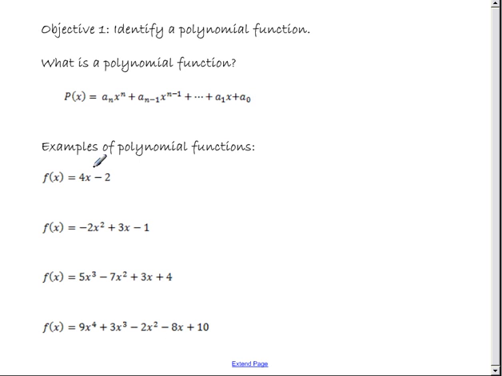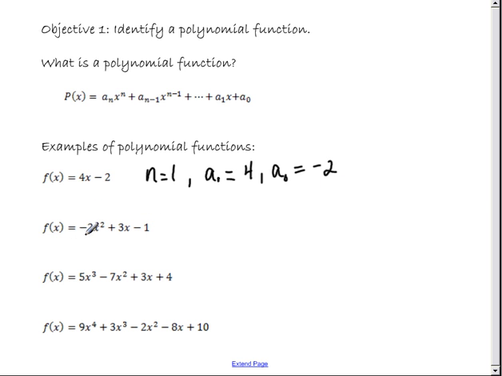Whenever we talk about examples of polynomial functions, f of x equals 4x minus 2 probably looks more familiar to you. In this case, n is simply 1, so we're talking about a sub 1, which is 4, and a sub 0, the constant, which is negative 2.